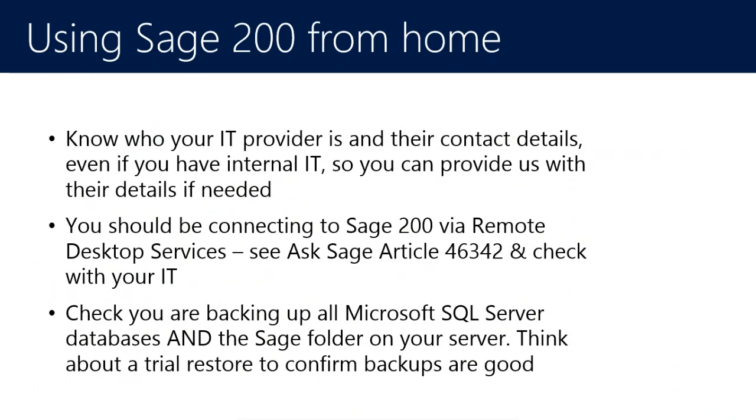If we are using Sage from home in a not so good way, it may work, but we need to be very aware, this is important. If you lose connection and we're not connecting in the right way, it can corrupt the Sage 200 data. That is obviously a bit of a problem. So we need to be making sure with IT that we're connecting in the right way to minimize that risk. I'm going to talk about that again in a moment.